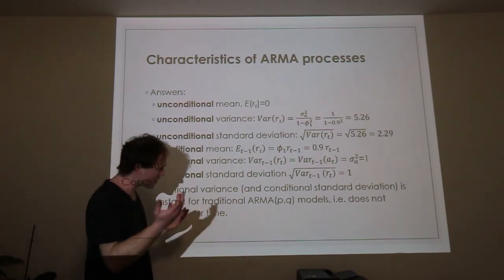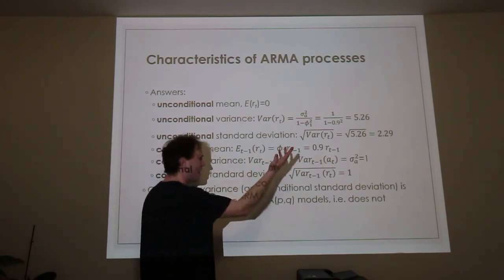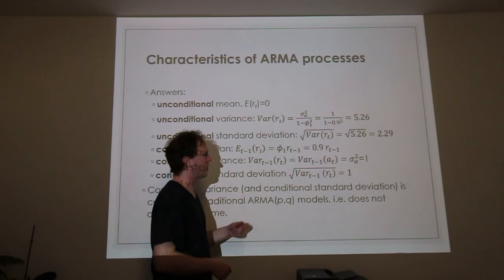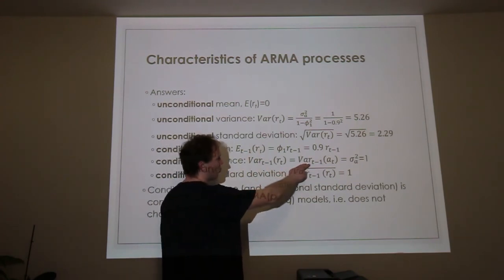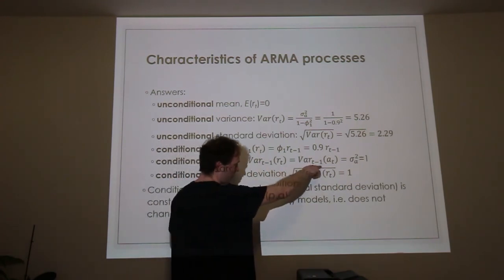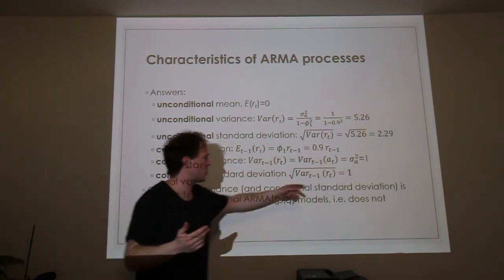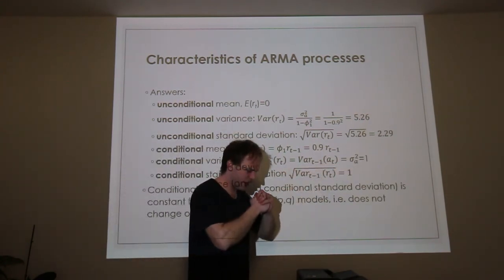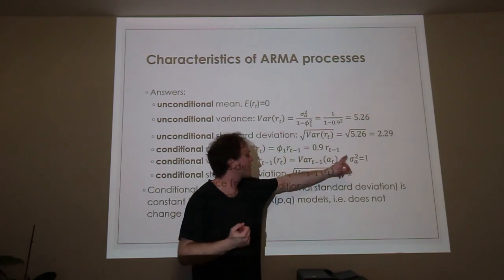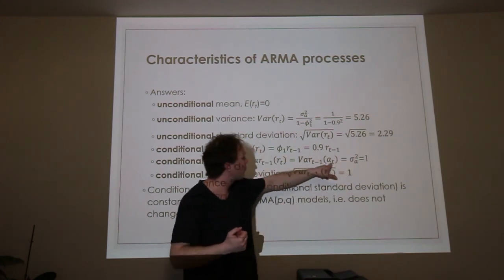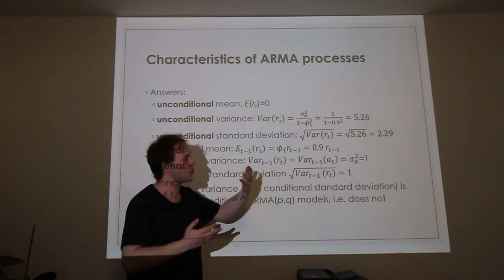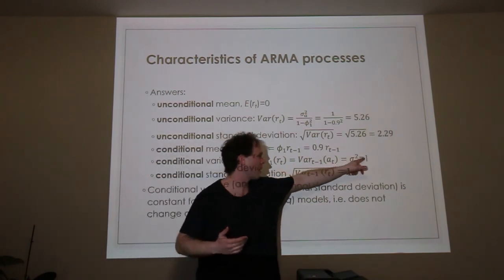The conditional variance in time t minus 1 of log returns is equal to the variance of a_t, which in our situation is the variance sigma squared of the white noise process, equal to 1.